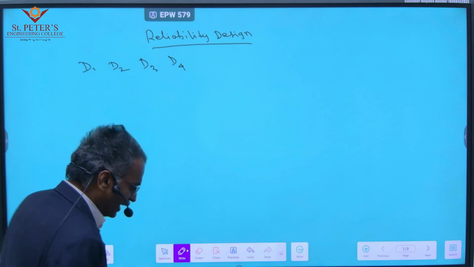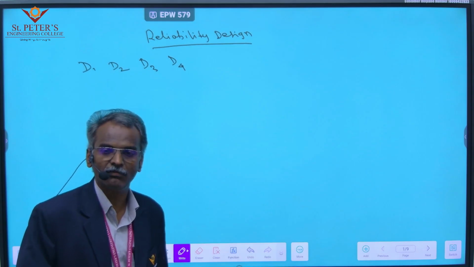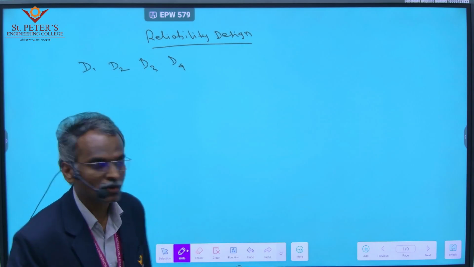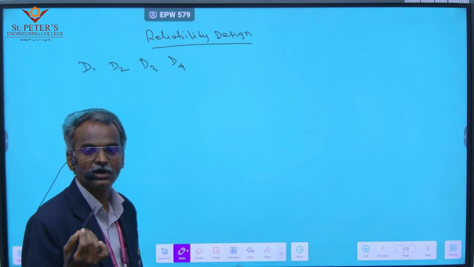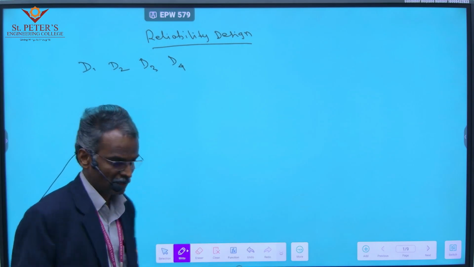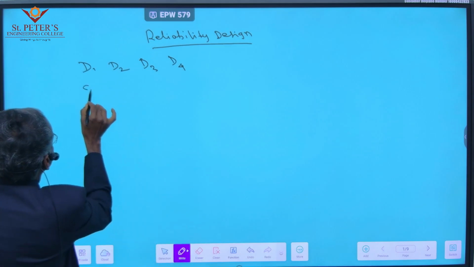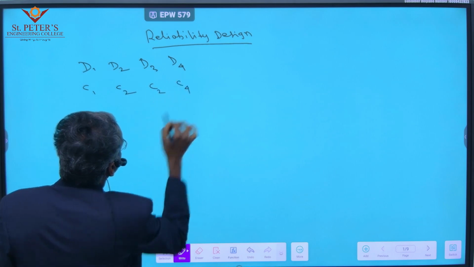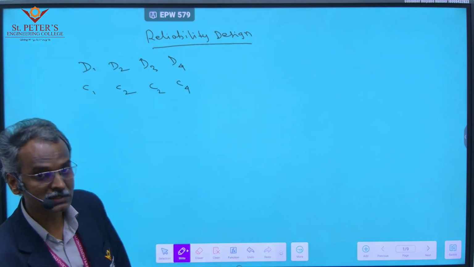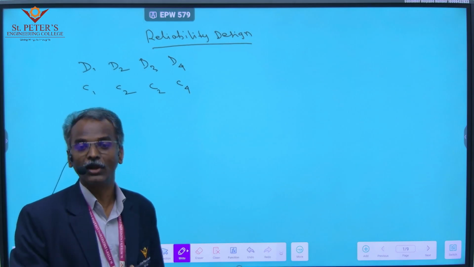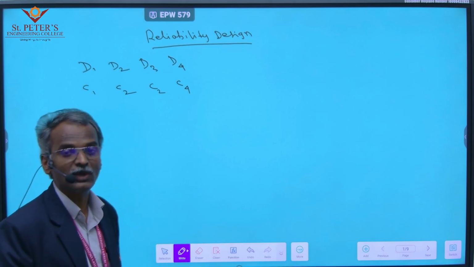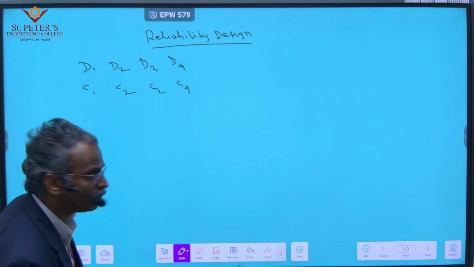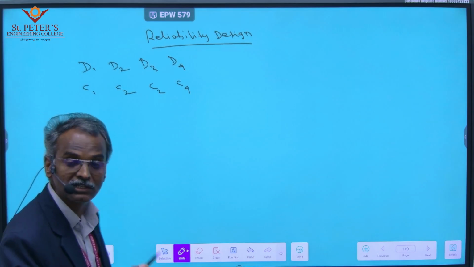Then, each device will not come free of cost. For everything we need to spend some amount, depending on the cost of the device. So cost is also involved: C1, C2, C3, C4. Each device has its own cost that has to be spent on it. And as we discussed, there is the reliability ratio, how much we can believe that it will not disappoint you, or fail.